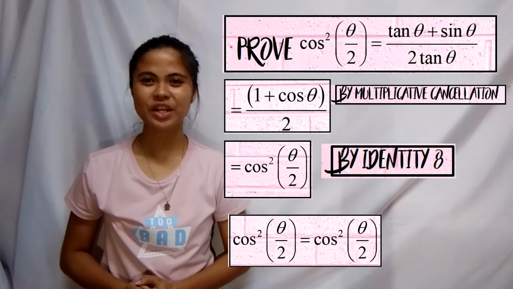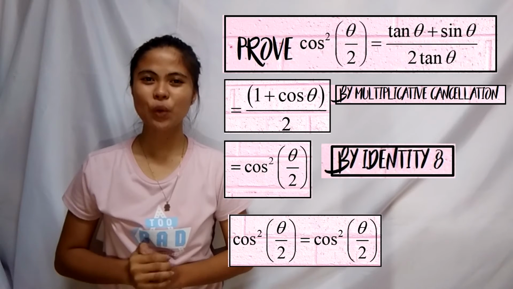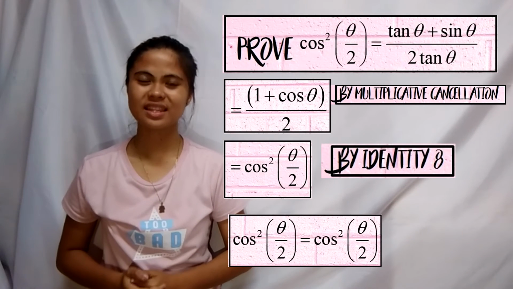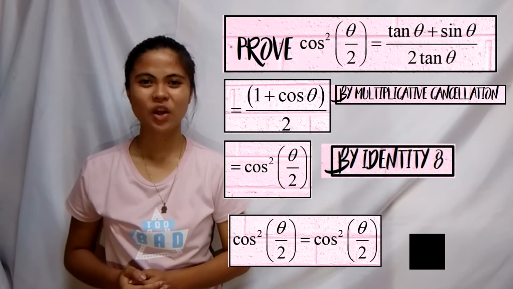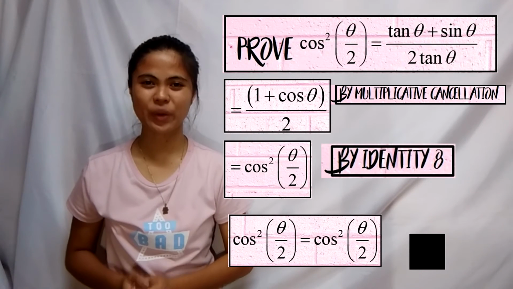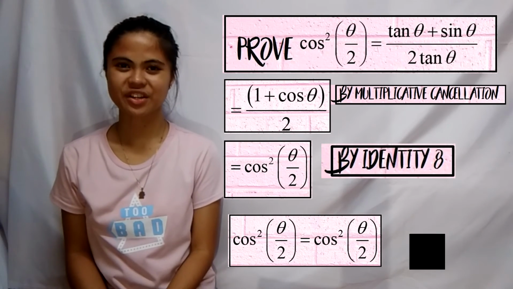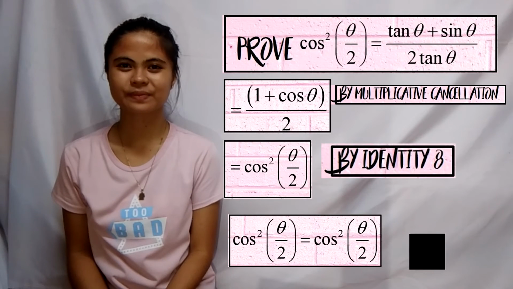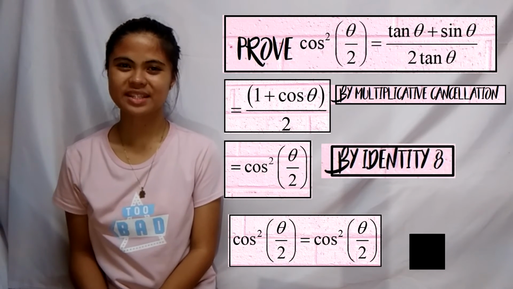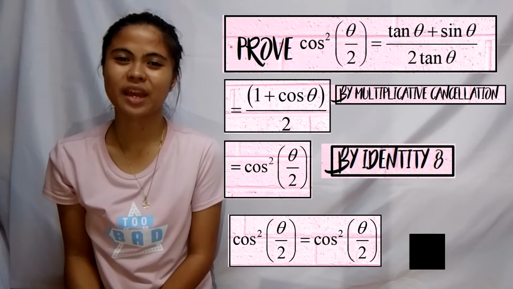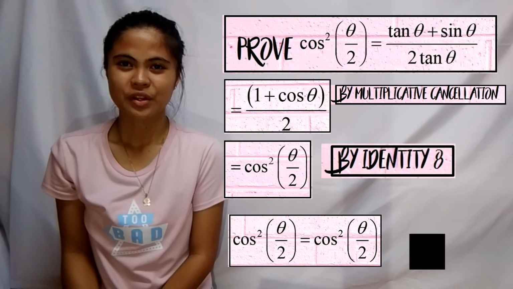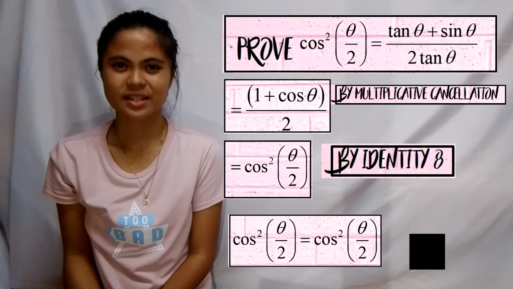After proving the equation, remember to always put QED, denoted by a small tombstone mark or a tiny black square. It is an abbreviation for the Latin phrase quod erat demonstrandum, which means it has been proved. It is usually placed at the end of a mathematical proof to indicate that the proof is complete.